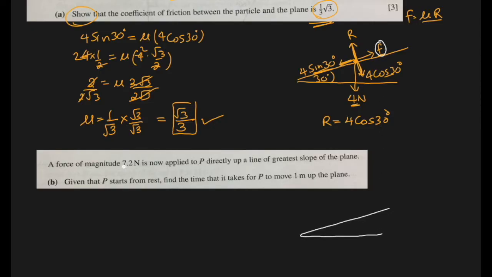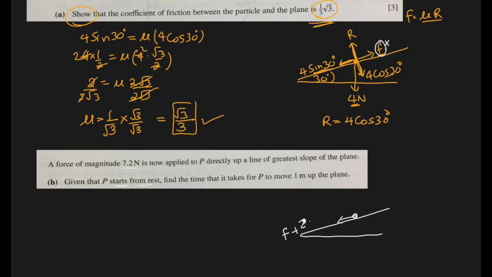If we are applying 7.2 newtons upwards, and given that P starts from rest, that means it starts moving up. When the body starts moving up, friction cannot be in upward direction, it has to go in this direction now. So there are two forces here now, frictional force plus 4 sine 30, which is 2 Newton.